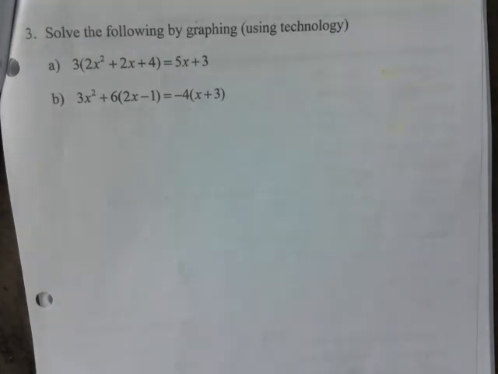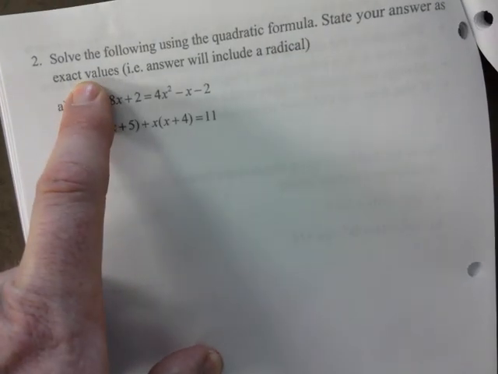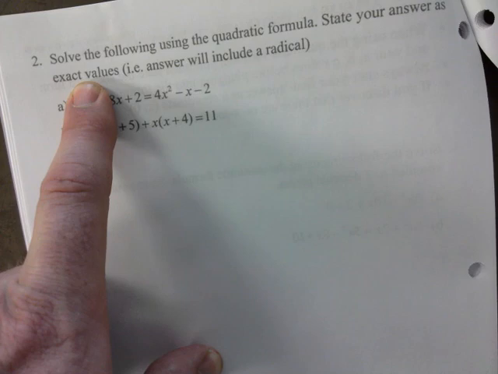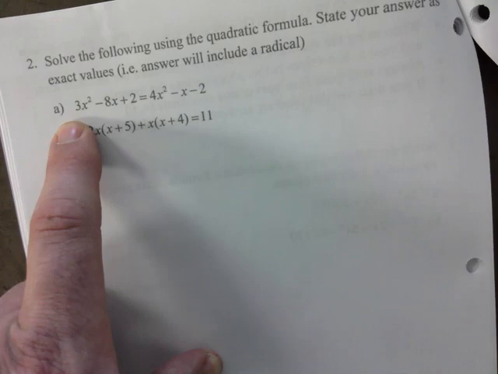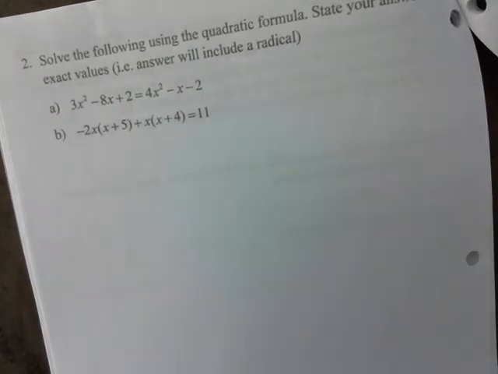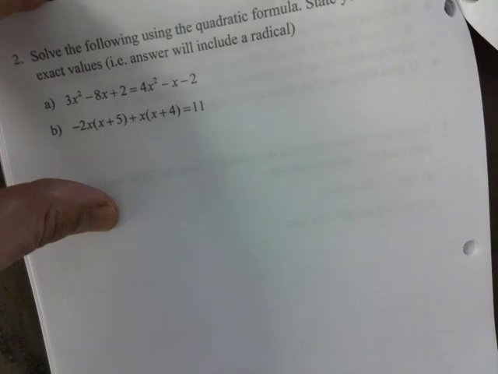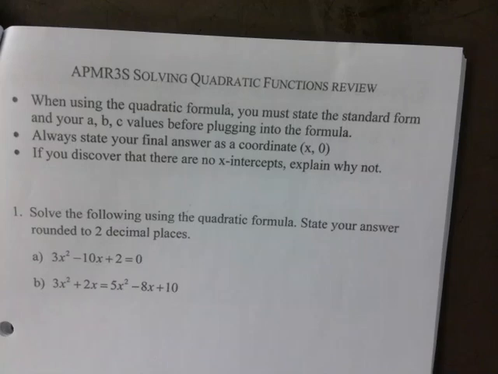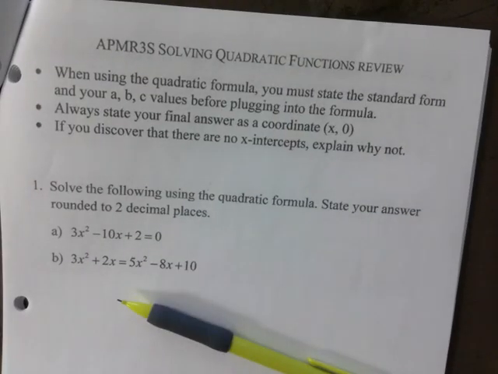Don't worry about exact values. Like, I don't know if you remember from intro, exact values. You don't root anything, you just leave it. Don't worry about that. You just go ahead and use the quadratic formula, find the answer to 2 decimal places, okay? If possible. I don't know if they're all possible, right? And I will post the answer keys, and that should be good practice for tomorrow.